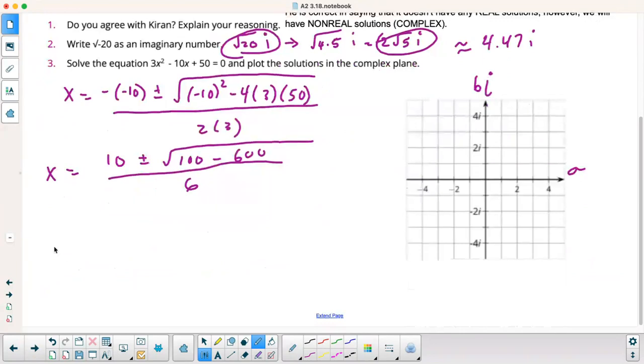All right, so now I got a little bit of simplifying to do here. I get 10 plus or minus the square root of negative 500 all over 6.